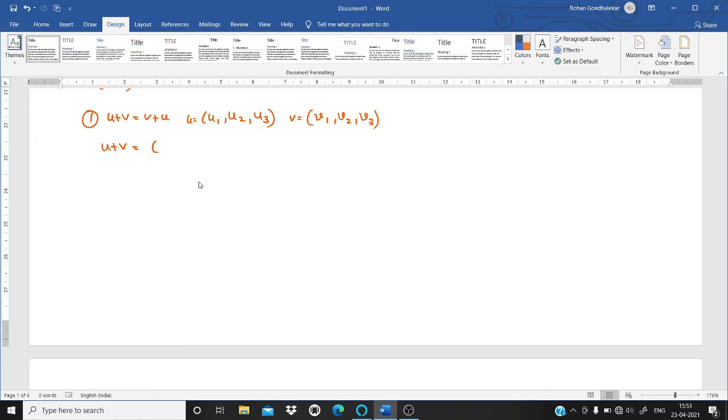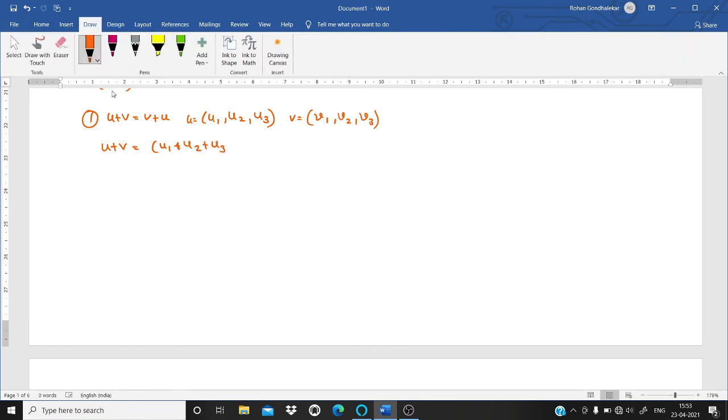The u plus v is u1, u2, u3 plus v1, v2, v3. Whenever we take an addition of ordered tuples, we go entry-wise. So first I'm having u1 plus v1, u2 plus v2, u3 plus v3.